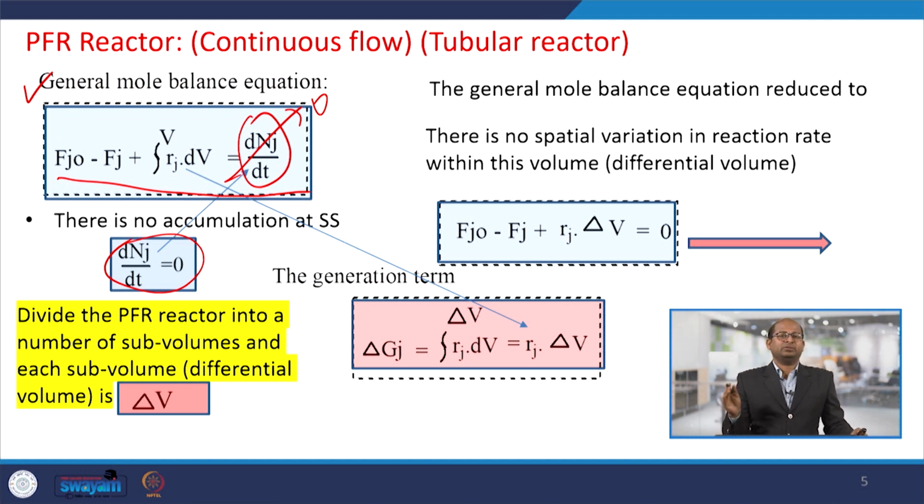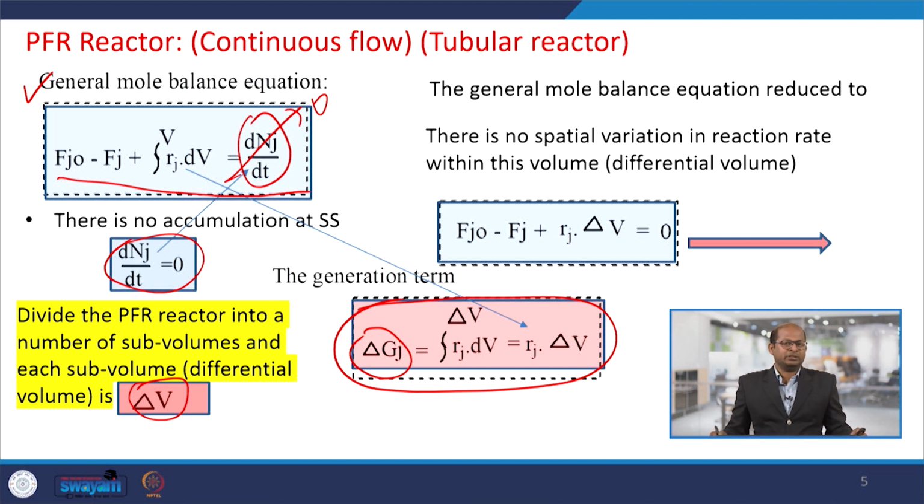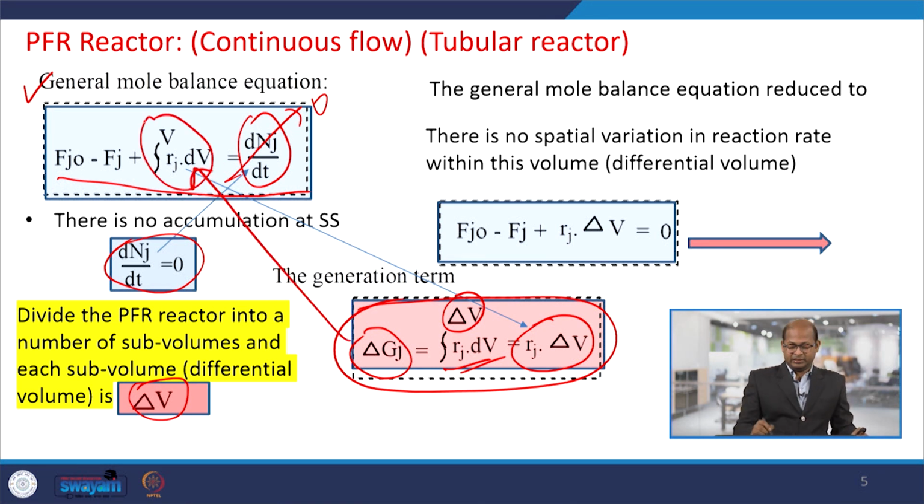Then if we divide the plug flow reactor into n number of small sub volumes, each sub volume is a differential volume, that is delta V. Okay. So, the generation part would be like this. Delta Gj for component j, the total generation within that specified small volume, equals Rj into delta V. This part we can substitute in the general material balance equation, and then the general mole balance equation would be like this.